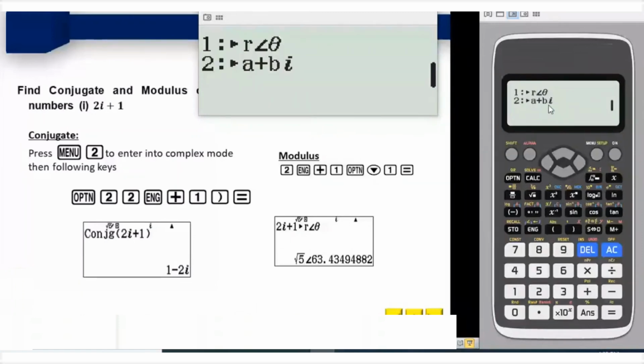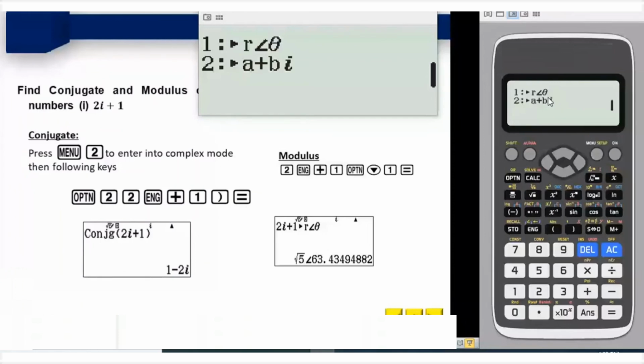R and theta shows the polar form. Polar form means that you will get the modulus and the argument. Modulus means the magnitude or the length of the complex number. Argument is the angle that the complex number makes with the horizontal axis.